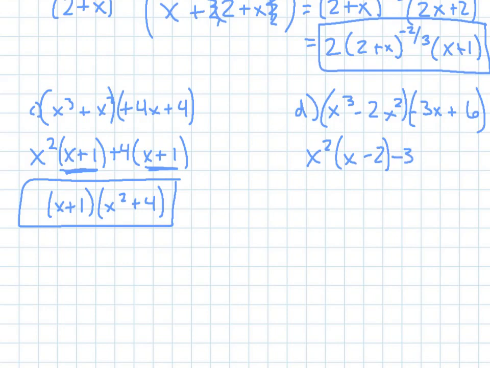So I want to take out a negative sign with that, and that'll make it x minus 2, which changes all the signs. So now these match. So now I can take out an x minus 2, and that leaves me with x squared minus 3.